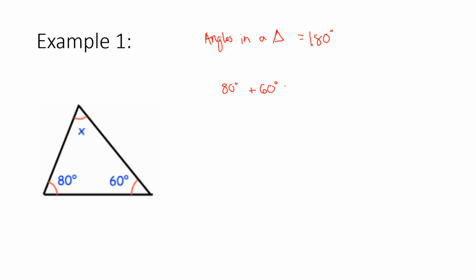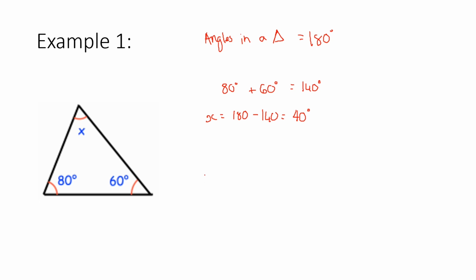There's 2 ways you can calculate this. You can add your 2 given angles, which is 80 plus 60, and you get a value of 140. So you know that these two angles added together give you 140, and you're trying to find x. So x is going to be equal to 180, which is all 3 added together, subtract the total of what you already have, which is 140, and that means that x is equal to 40 degrees.